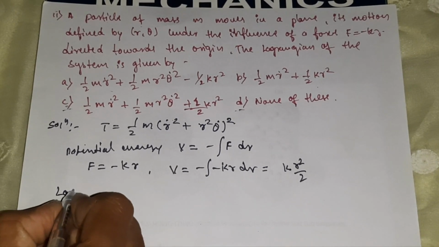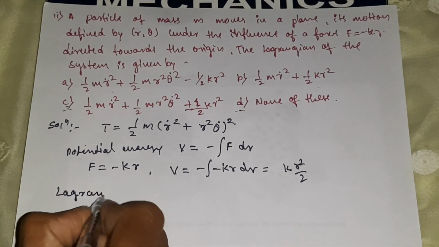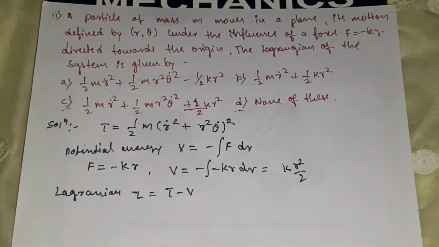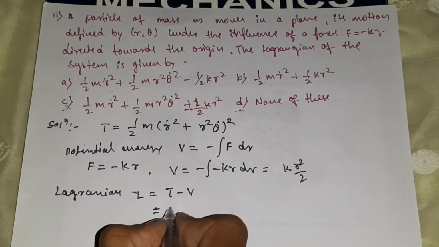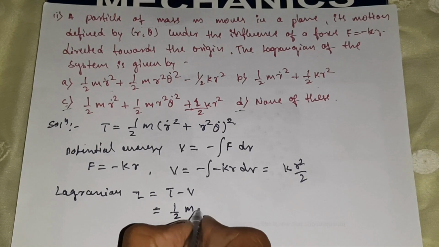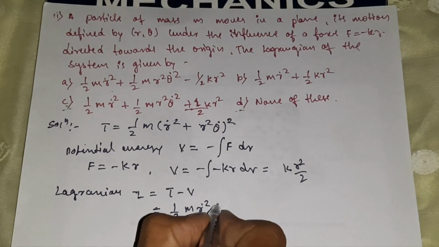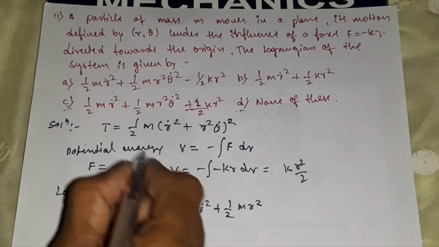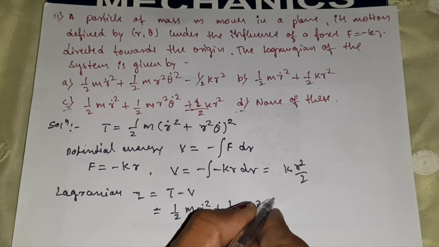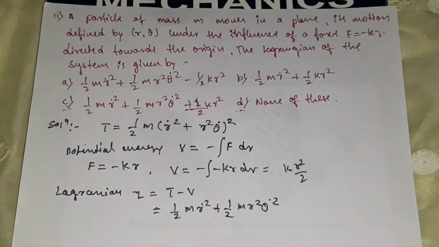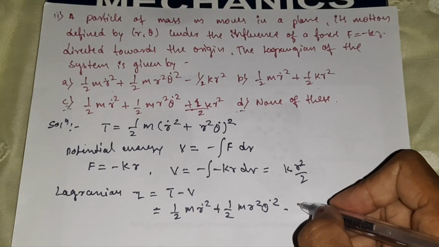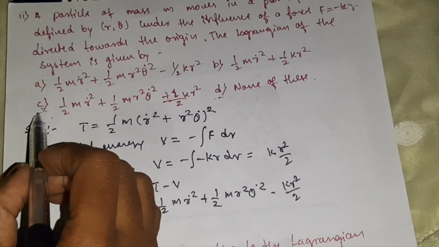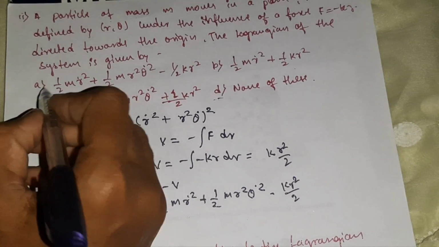So the Lagrangian is what? L is equal to kinetic energy minus potential energy. Kinetic energy is half m r dot square plus half m r square theta dot square, then minus the potential energy derived from this force F. So the correct option here is option A.